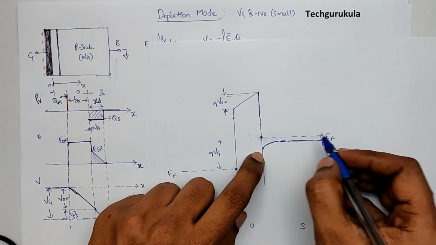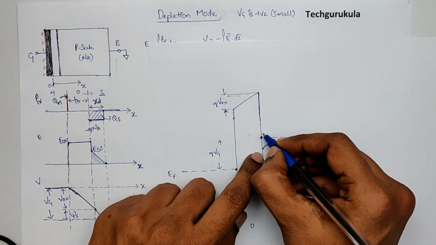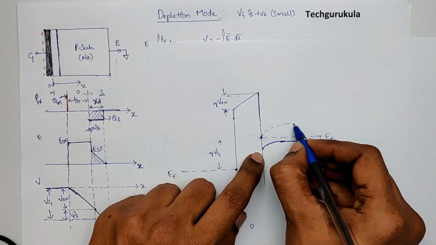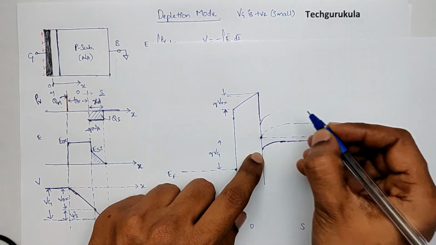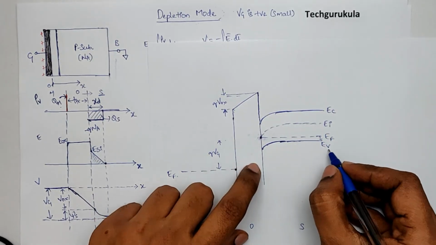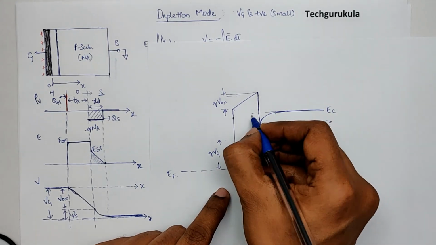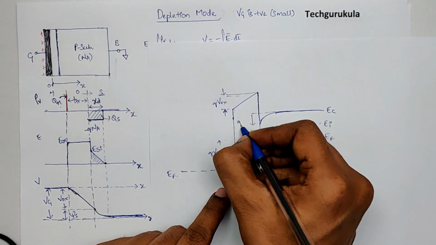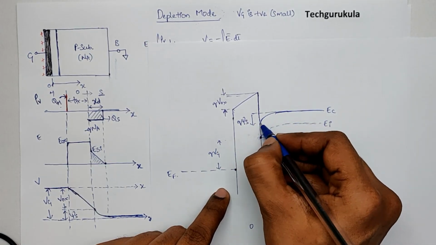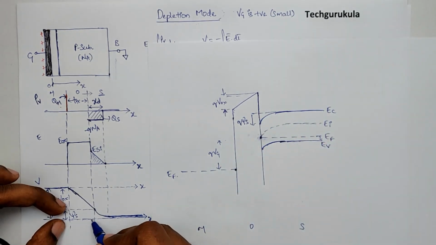Now, EI, EV, and EC are all parallel lines. So I'm going to take EI somewhere parallel to this, like this, and there is EC. This is EC, this is EI, this is EF, this is EV. Now, the overall band bending is given by Q times psi S. This overall band bending in the semiconductor is nothing but the overall potential drop across the semiconductor.